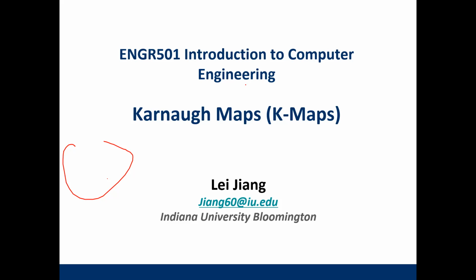Okay, let's start. So today we will talk about the K-map, which is the algorithm to simplify the Boolean algebra equation, particularly to simplify the canonical forms.